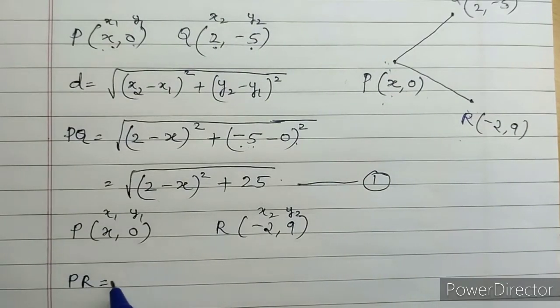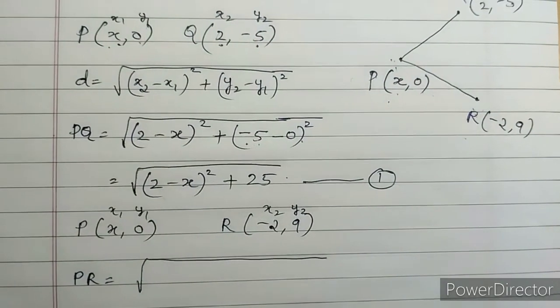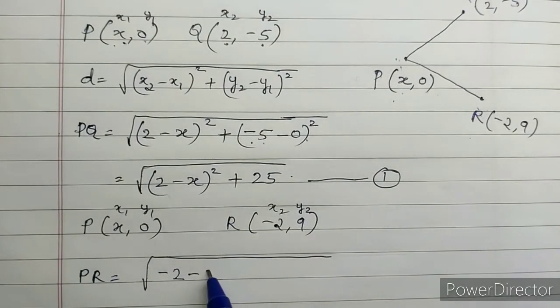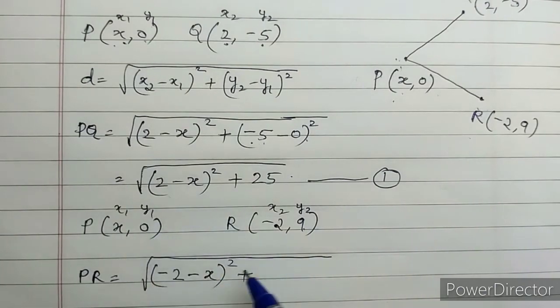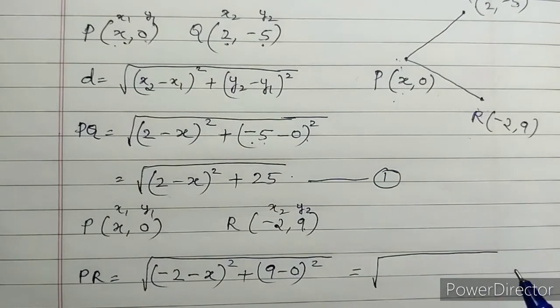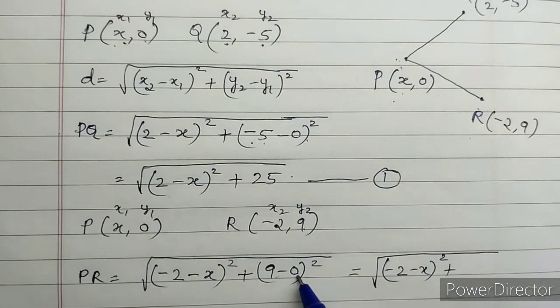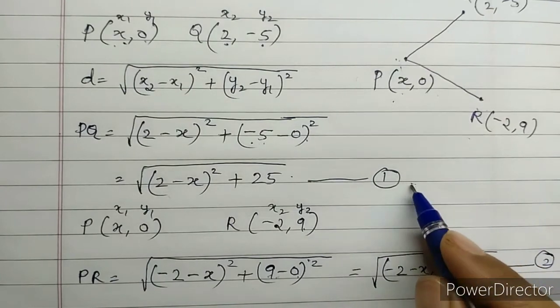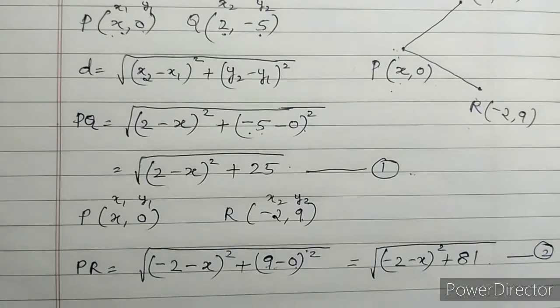PR is equal to the square root of (-2 minus x) the whole square plus (9 minus 0) the whole square. You can't do anything with (-2 minus x) square, plus 9 minus 0 is 9, and 9 square is 81. So this is the second one: first one PQ and second one PR.